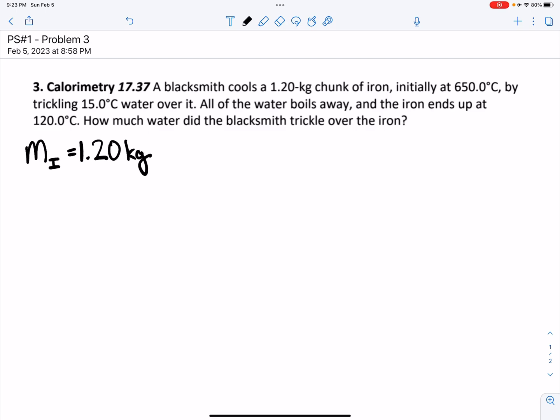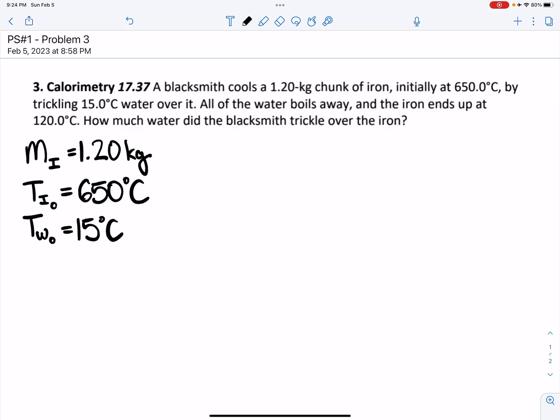We have the initial temperature of iron, T iron initial, at 650 degrees Celsius. And that chunk of iron is cooled by trickling 15 degrees Celsius water over it. So we know that the initial temperature of water, T W naught, is equal to 15 degrees Celsius.